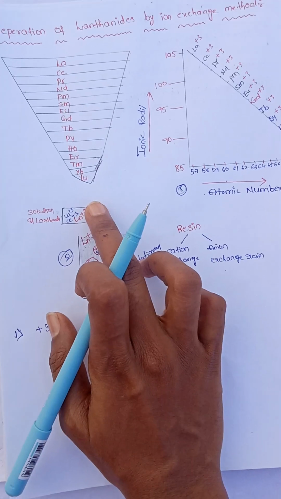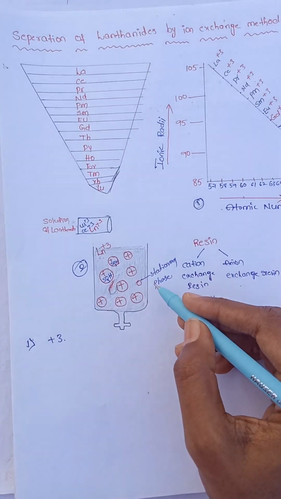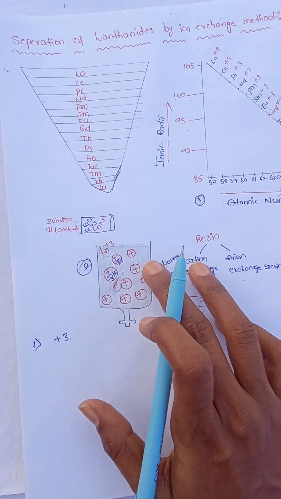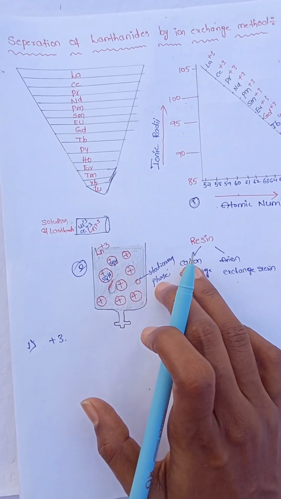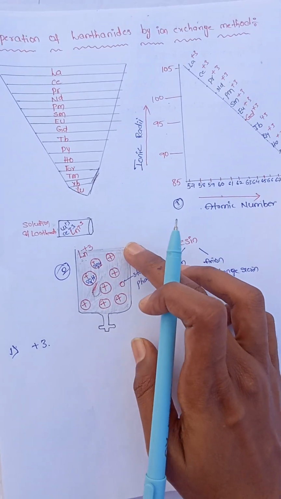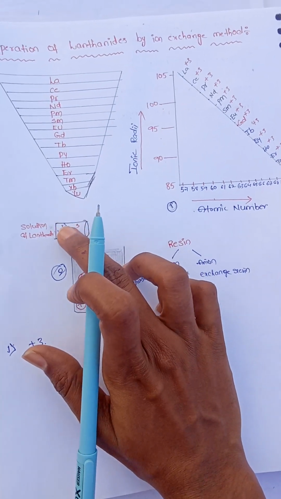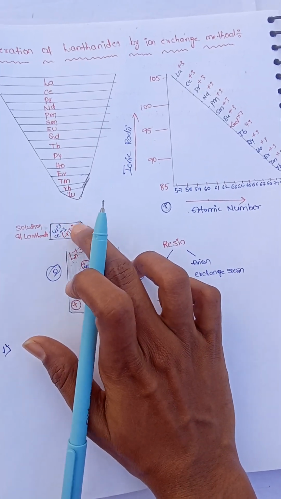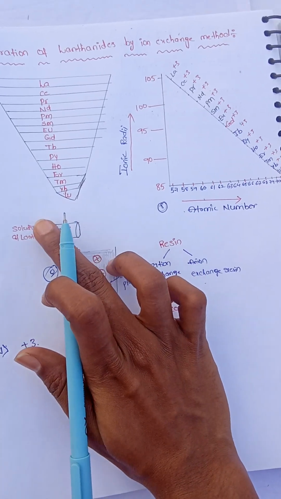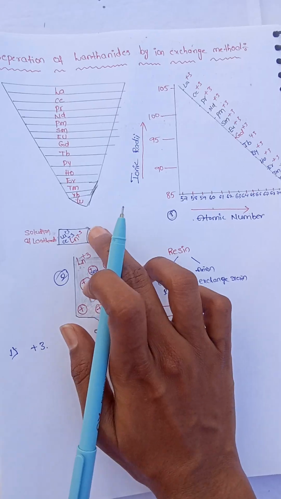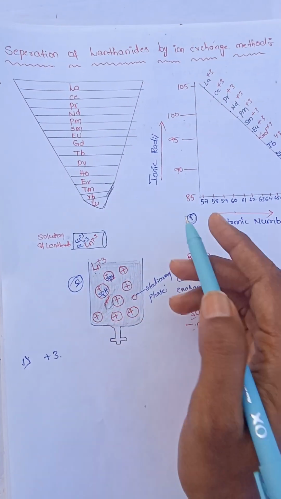This is the stationary phase, like a chromatography system. At the top of the column the lanthanide solution, Ln plus 3, is poured into the stationary phase.